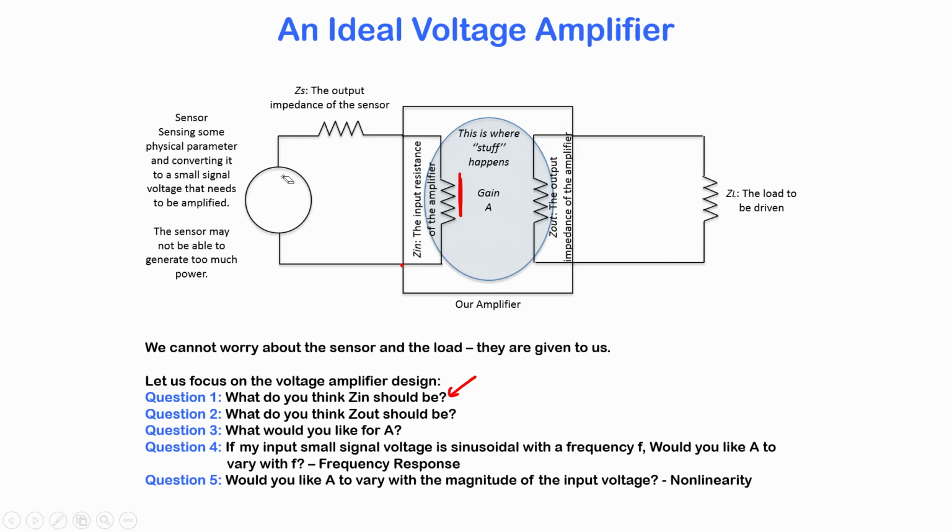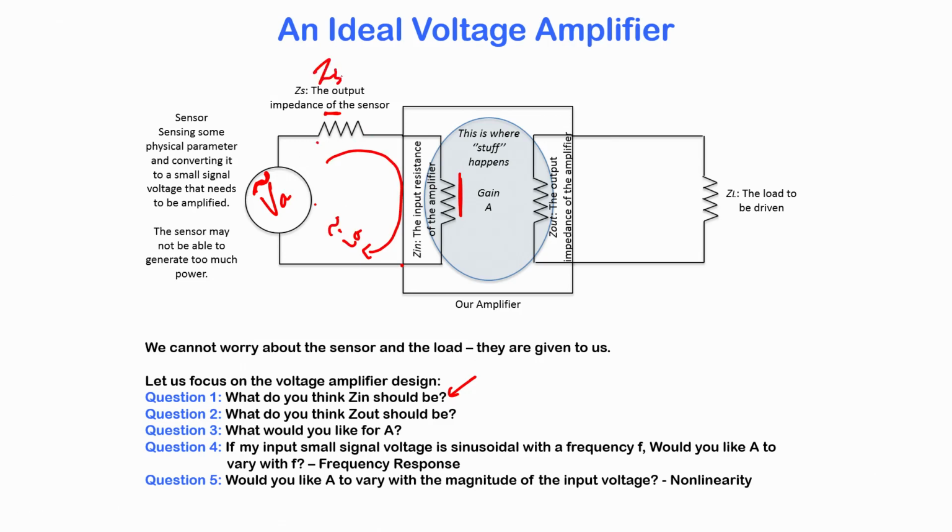Let us ask ourselves that. Think of your sensor as a little alternating voltage source, and it has some output impedance. No sensor is perfect, it has some output impedance. So, this is the circuit the sensor sees, and the amplifier needs to get a large portion of this voltage source. Preferably it would like all of this voltage to drop across the amplifier input, because this voltage is going to set up a current in this path, leading to resistive drops.